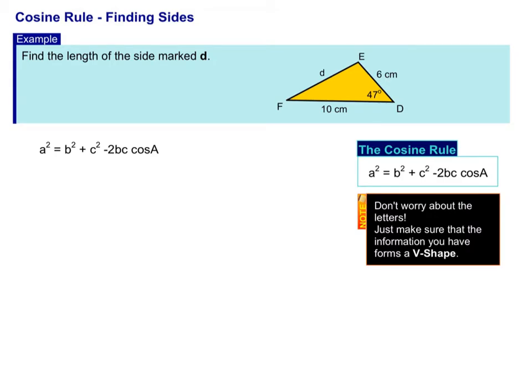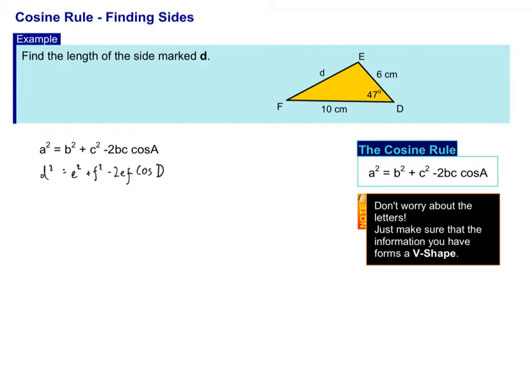If I wanted, I could rewrite the cosine rule with different letters: d squared equals the other two sides squared, e squared plus f squared, minus 2ef times the cosine of D. Remember, the angle corresponds to the side we're finding, so if I'm finding side d, I need to know angle D.